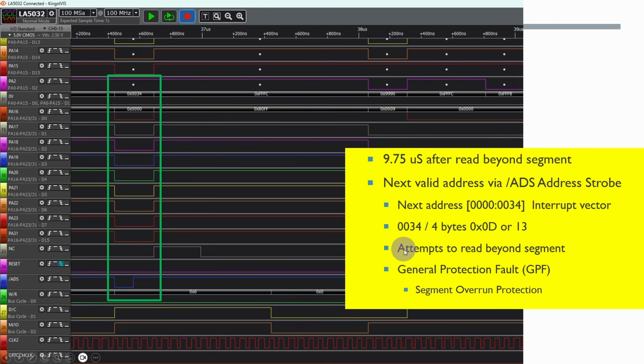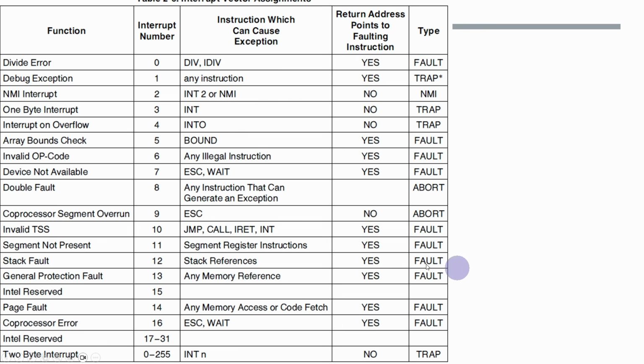What this actually is, when we look it up, is an attempt to read beyond the segment. So the code segment had gone beyond FF when it's trying to go back round to 0. It's a general protection fault and a segment overrun protection. If you go into the 386 documentation, this is all the interrupt numbers, and 13 here is general protection fault.